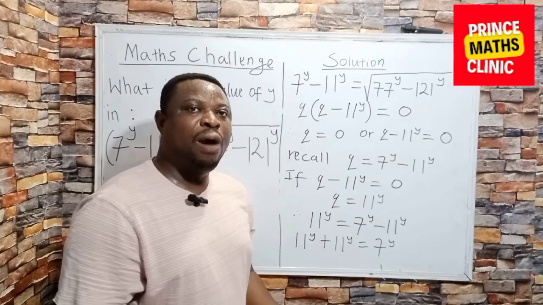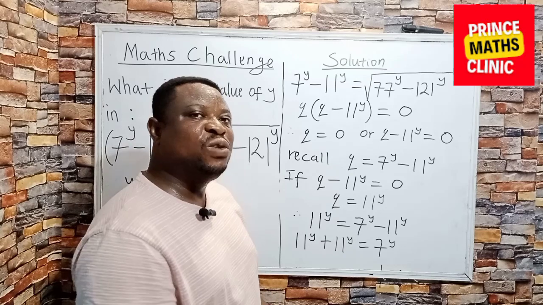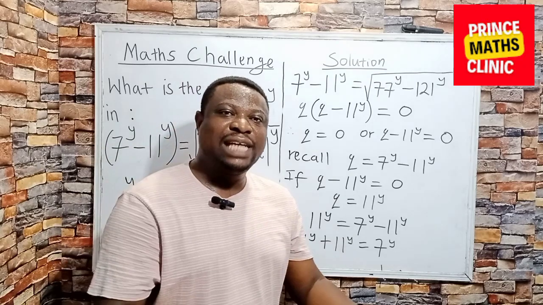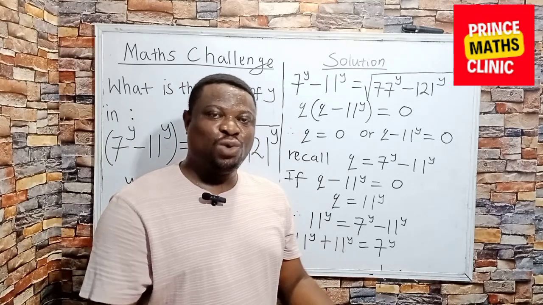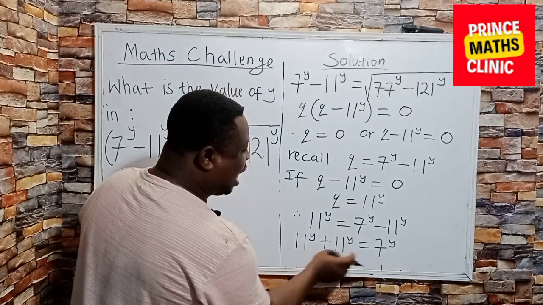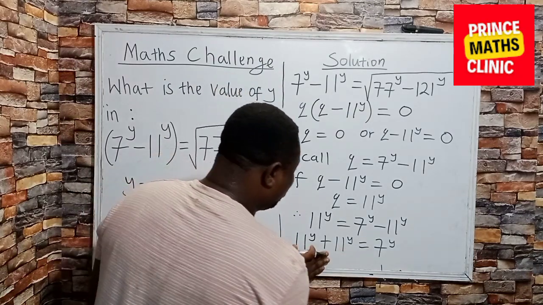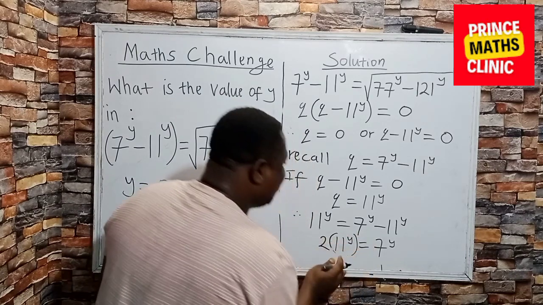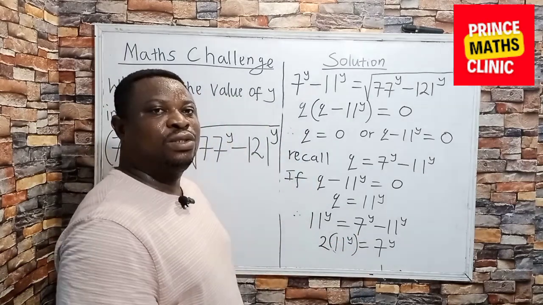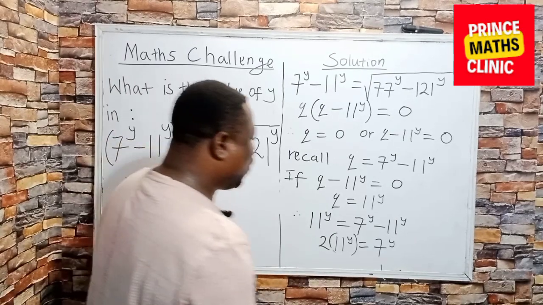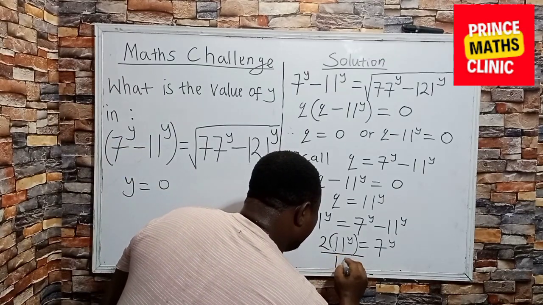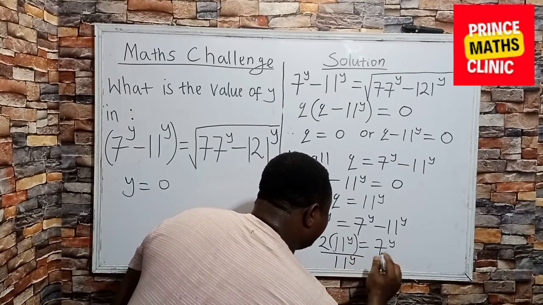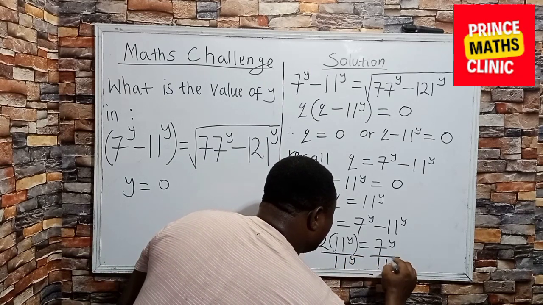Now, 11 to the power of y plus 11 to the power of y is like saying x plus x, which is 2x. Because they are the same, I'm going to just put 2 multiplied by 11 to the power of y. So, therefore, I want to divide both sides by 11 to the power of y.